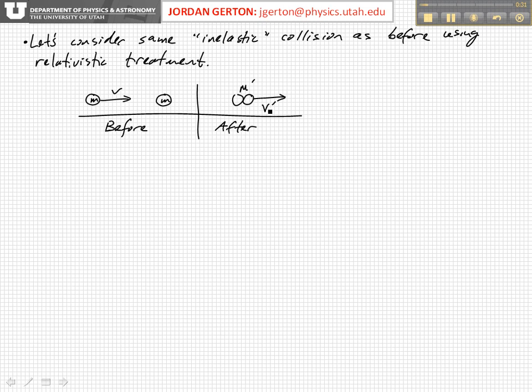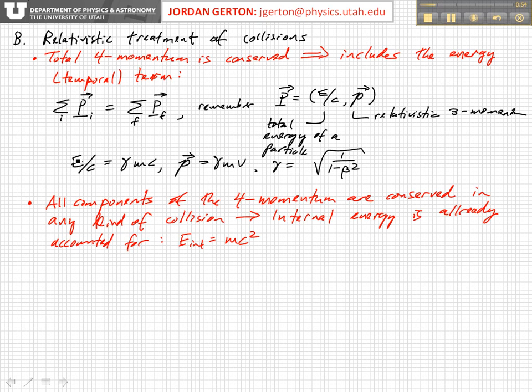Okay, so now we want to conserve total four-momentum. So the total initial four-momentum is equal to, well, the moving particle, remember that E over c is equal to gamma mc.